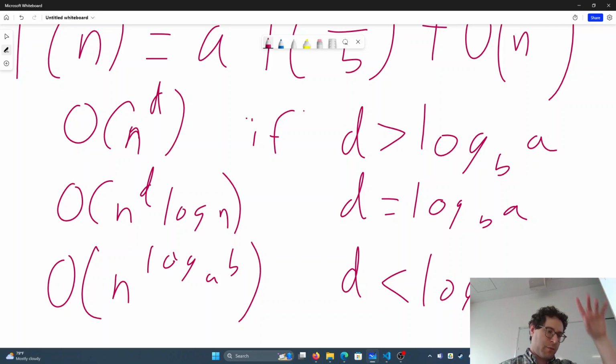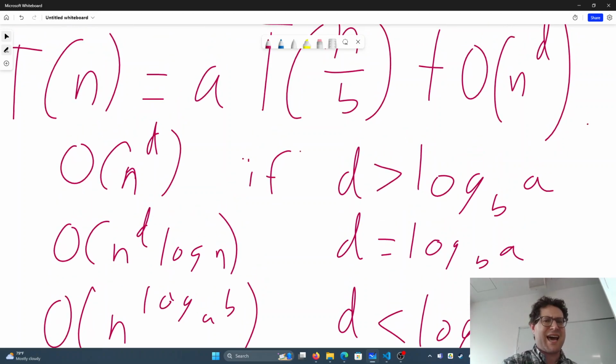Okay? So what does this really mean? In this top case, a lot of the work goes into the recombining, less in the subproblems, more in the root of the problem, right? Where the answer isn't that big in the root.